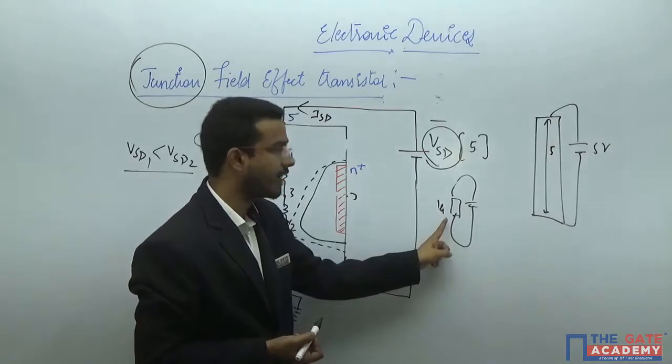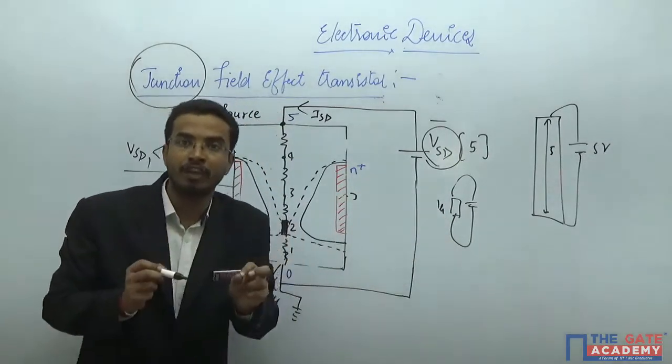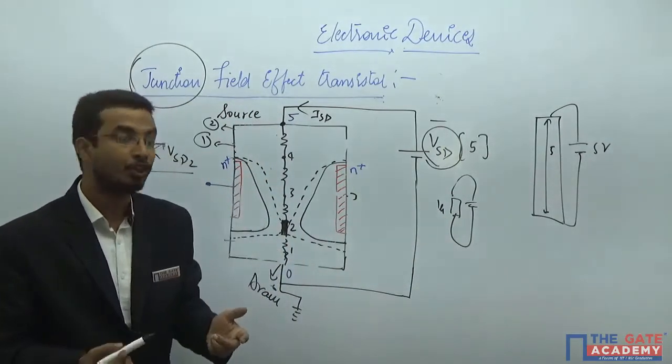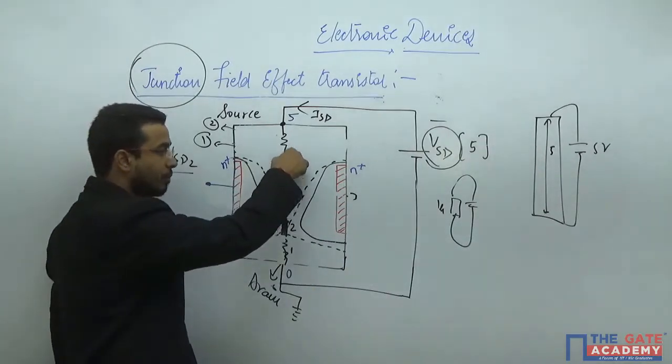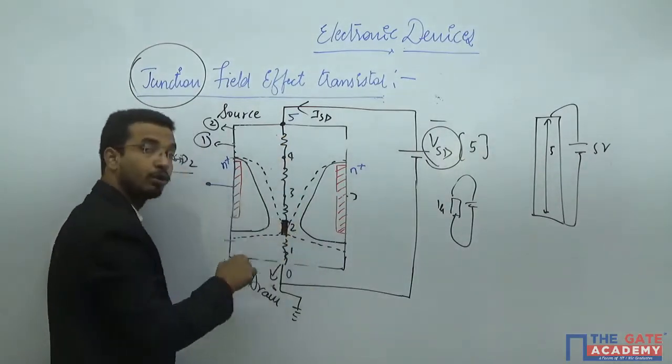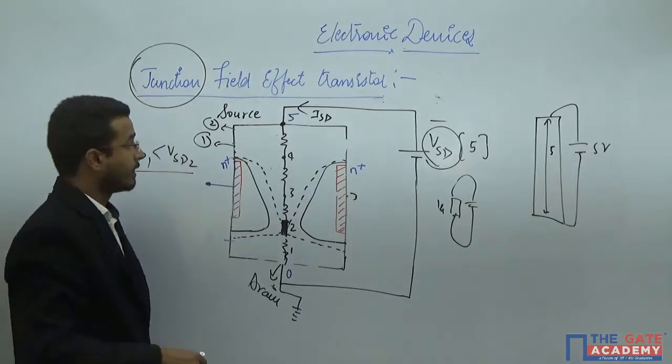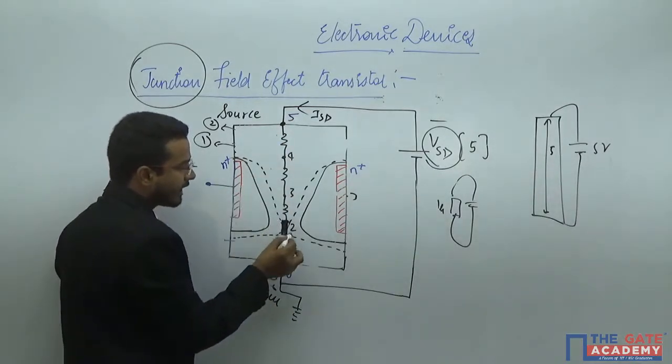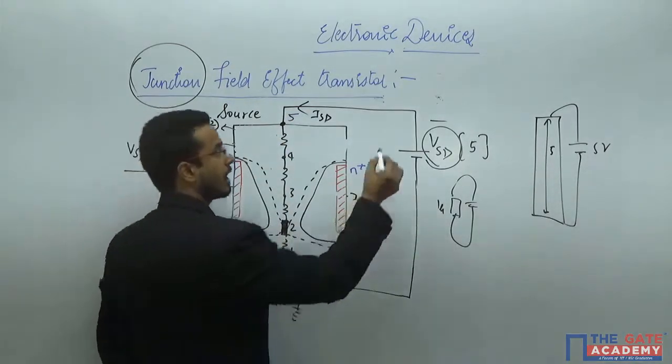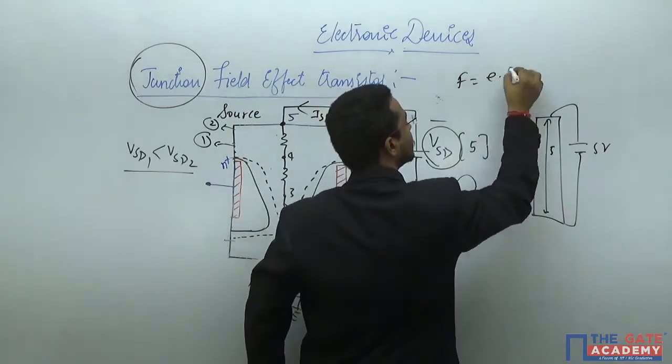So the electric field will be high here, and that electric field will be sufficient to force these holes to penetrate this region and go towards this side. That means it will provide enough force. F is equal to qE.